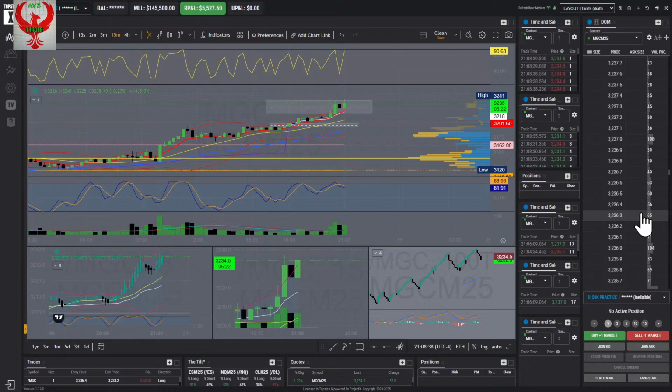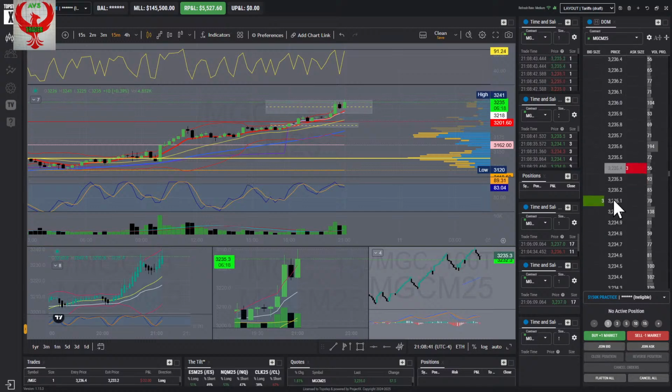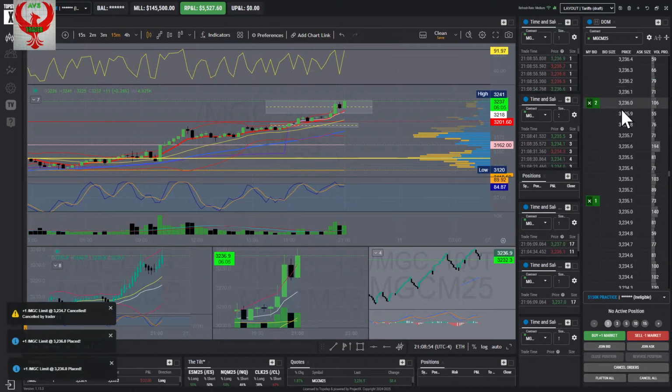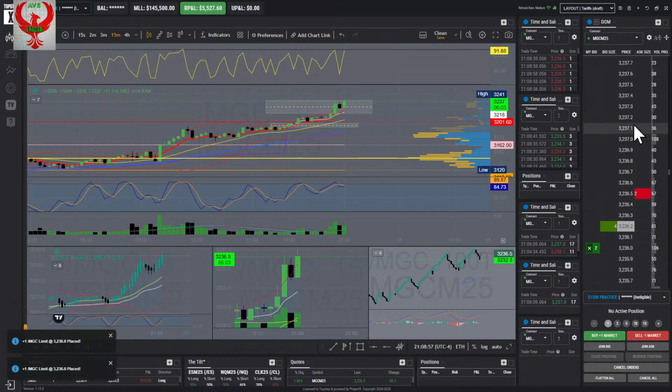That's what it looks like. I, one trader, can push this market up about 10 points or so, which is insane. That really is crazy.